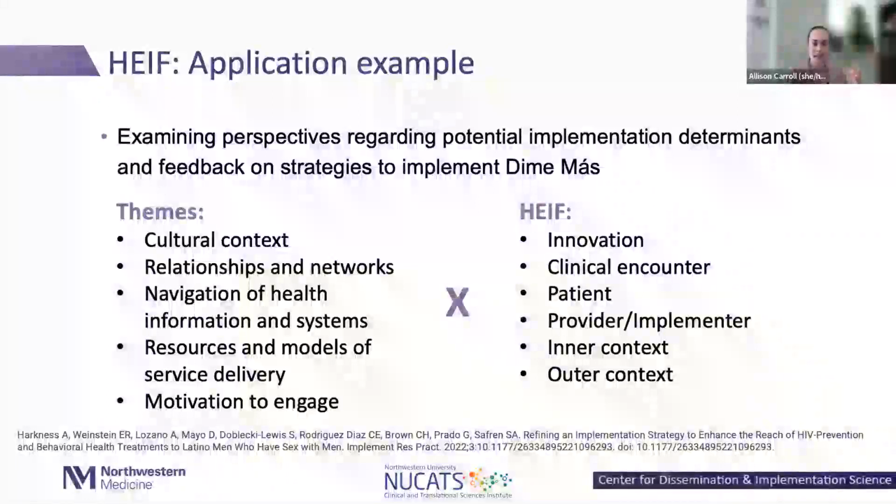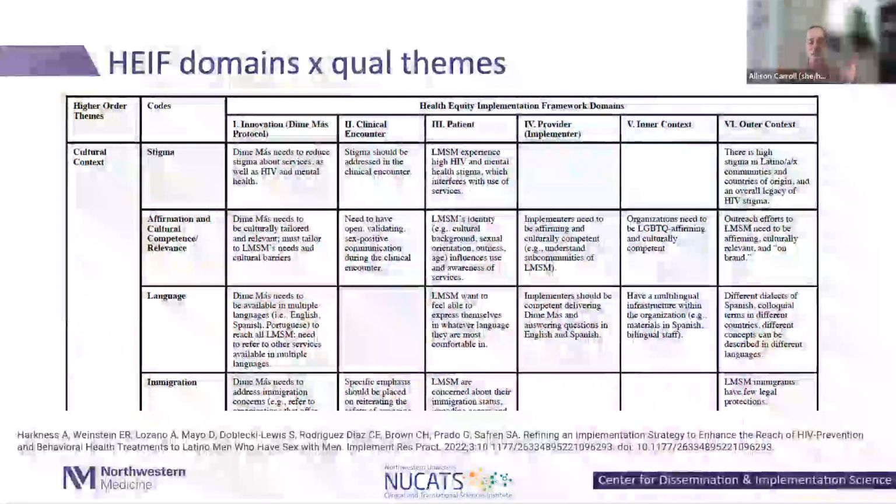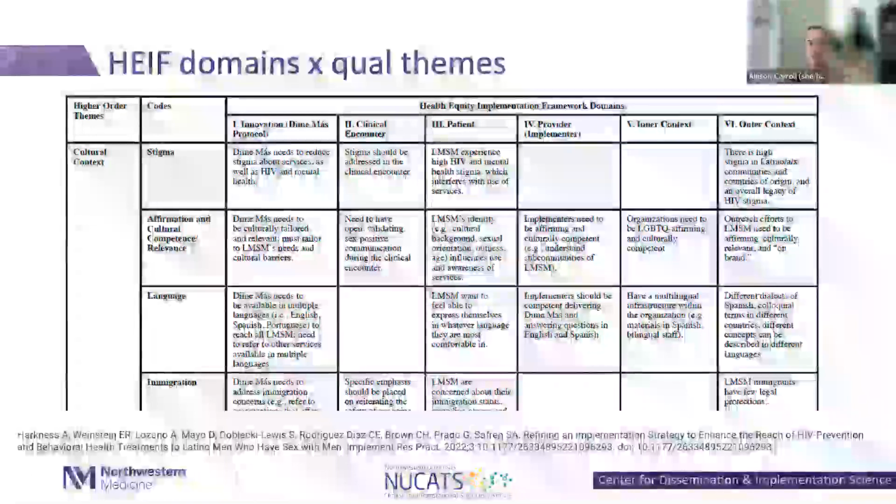And what they did was they identified emergent themes from the qualitative data, and then they took those themes on the left and mapped them onto the health equity implementation framework. So just keeping an eye on what those various themes were. In the next slide, I pulled just a quick screenshot of the very top of this very large table, just to give you an idea of what this looked like, of trying to blend these together and get something out of this health equity implementation framework.